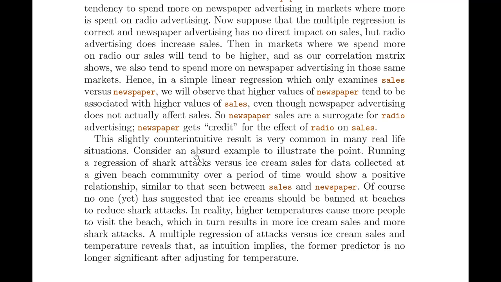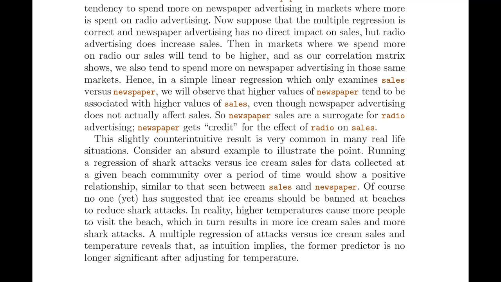So consider an absurd example, and sometimes they are the best examples, an absurd example to illustrate the point. Running a regression of shark attacks versus ice cream sales for data collected at a given beach community over a period of time would show a positive relationship similar to that seen between sales and newspaper.